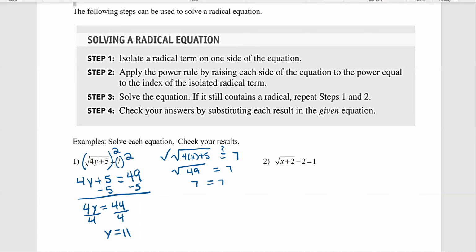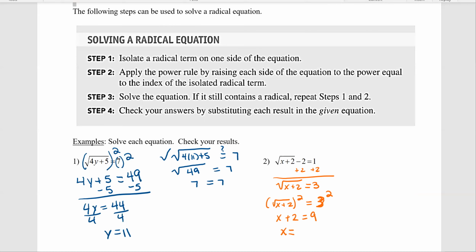Number 2, the square root is not isolated. So step 1 is to isolate the square root by adding 2 to both sides. Now that the square root is isolated, we will square both sides. When you square a square root, you get the radicand. And 3 squared is 9.